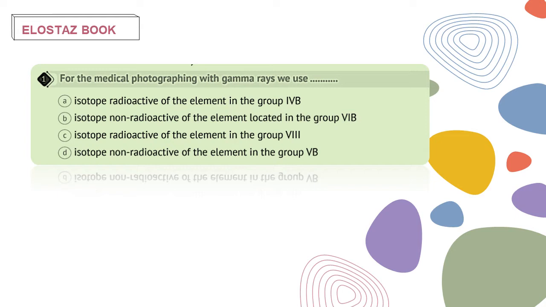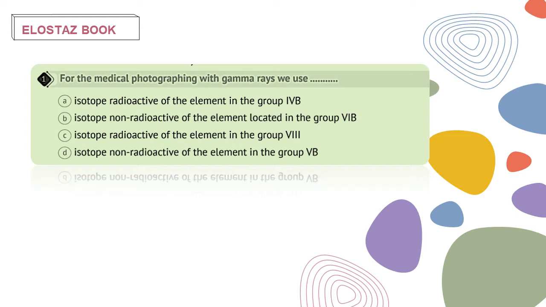If we have a radioactive element, the one that we use is cobalt 60. Cobalt 60 is one of the elements present in group VIIIB. This group contains 3 columns, and the isotope we depend on, which emits gamma rays, is cobalt 60.